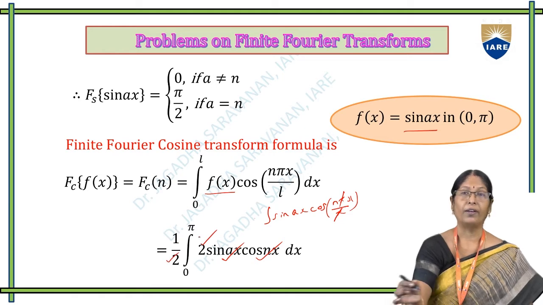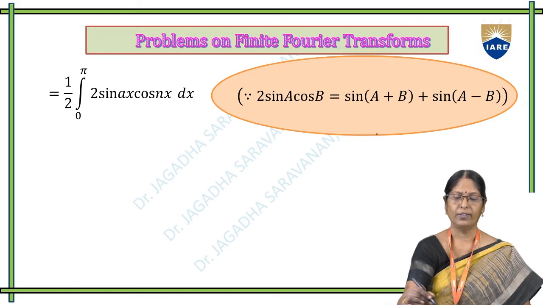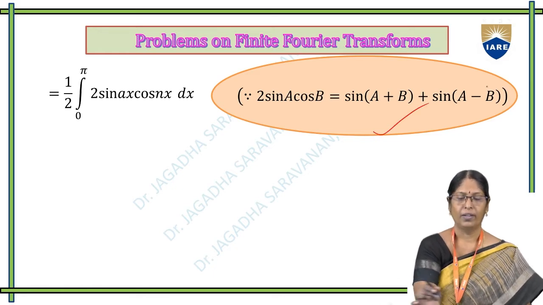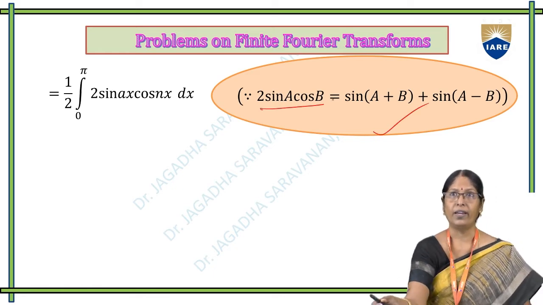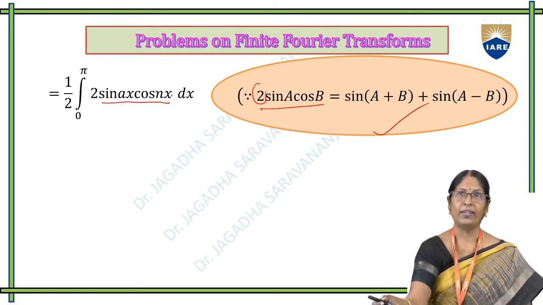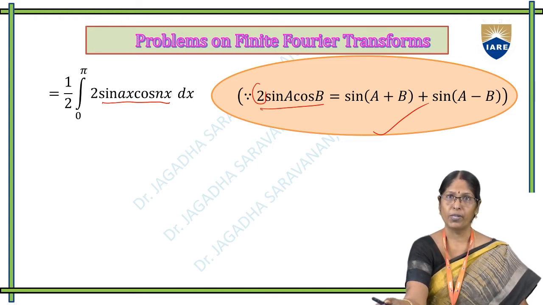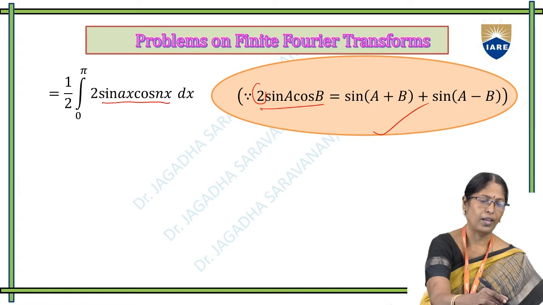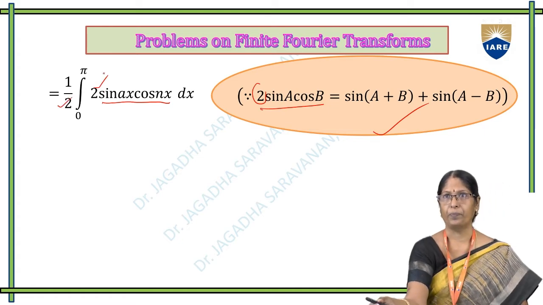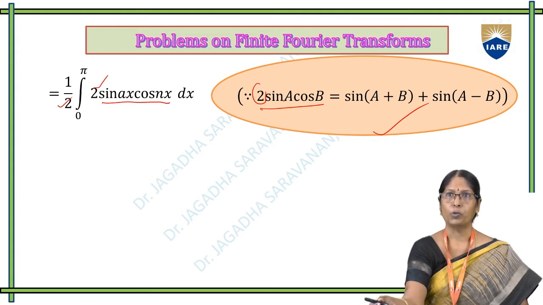But in our integral, only sin ax cos nx is playing, and 2 is missing. So we multiply and divide by 2. Fine, so 2 sin A cos B.